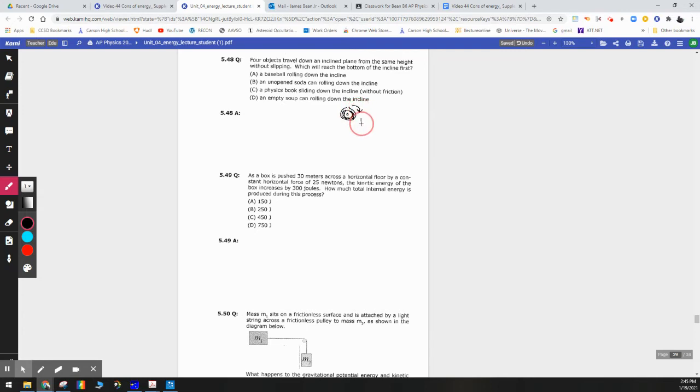Okay, so total kinetic energy is made up of two parts. There's translational kinetic energy, which is the straight part, plus any rotational kinetic energy. So if it's rolling, that energy is being split into translational and rotational.